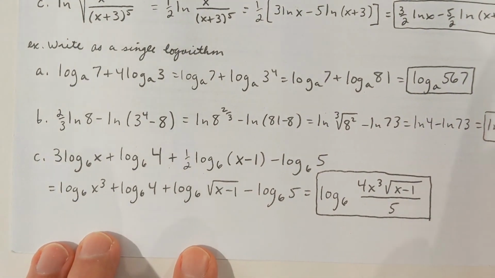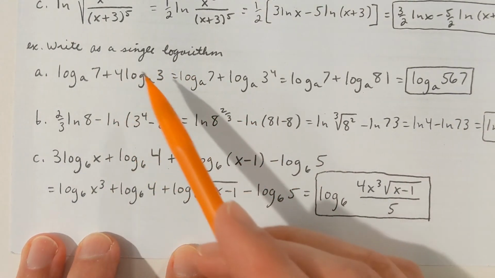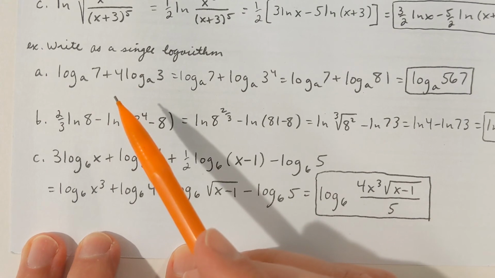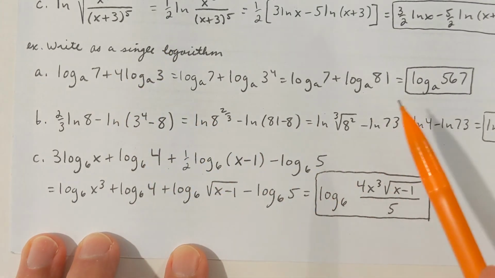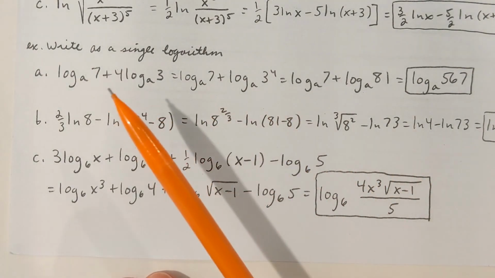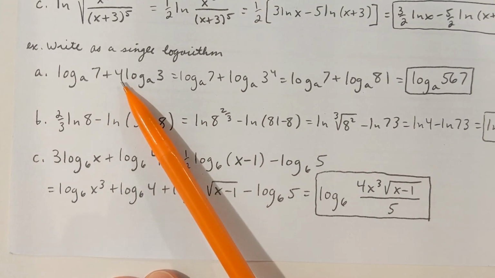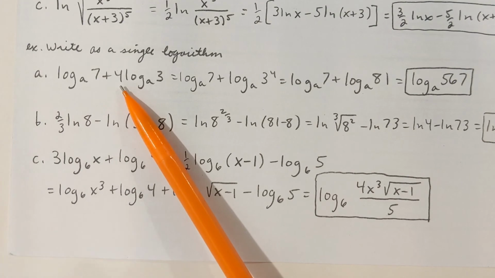The next problem here, I've got a logarithmic expression, and we're going to write the expression as a single logarithm. Again, we'll be using our properties of logarithms here. So in this problem, I first want to take care of the 4. Now I mentioned that powers can come out of logarithms. That's law 3.